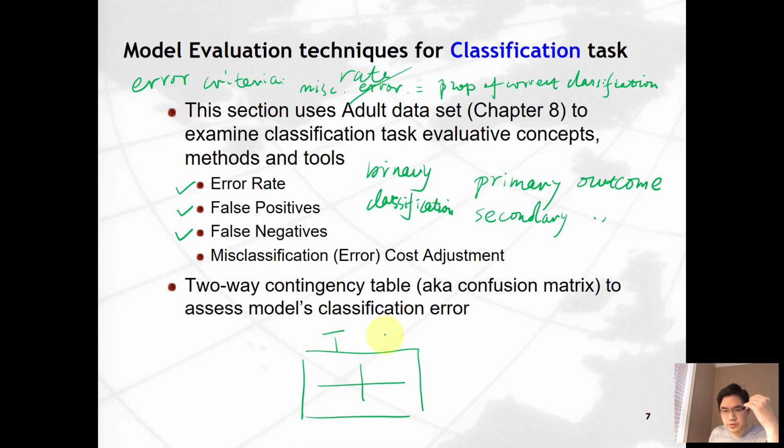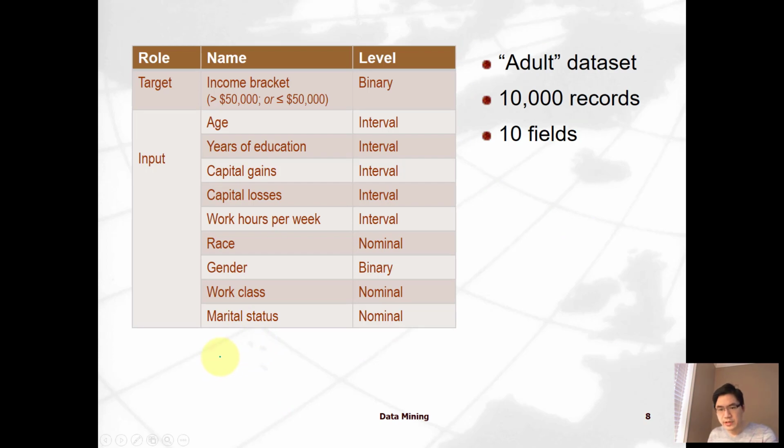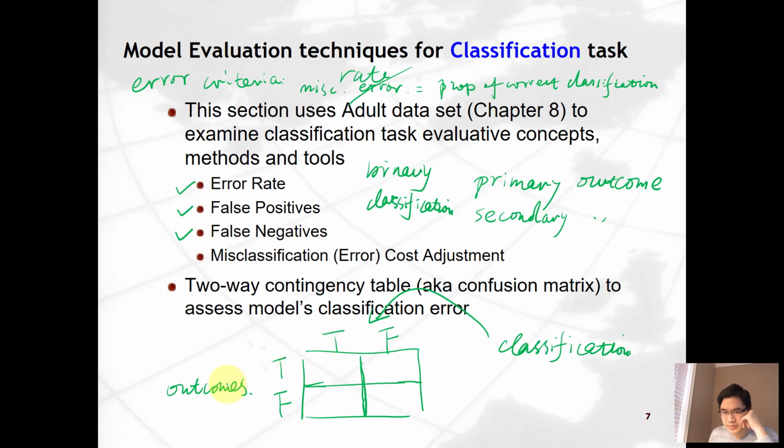If we have true and false on both ways, and suppose that we have the columns representing the classification from the model, and the rows are referring to the outcomes, the actual outcomes. Classifications do not have to be the same as the outcomes because there are misclassifications.